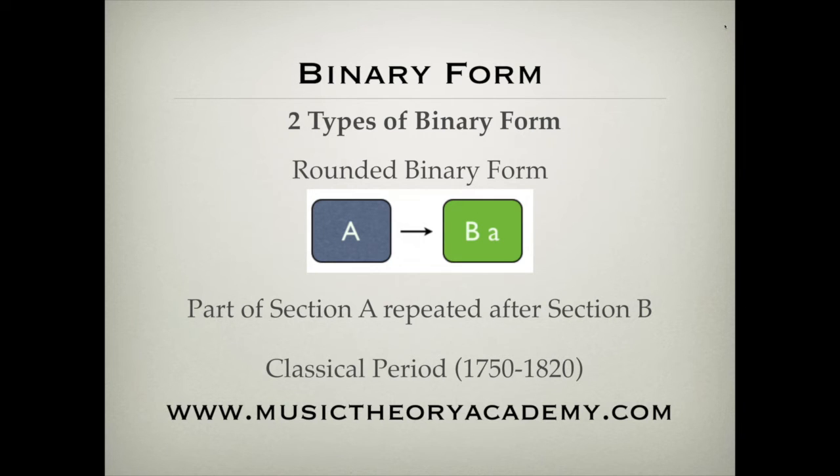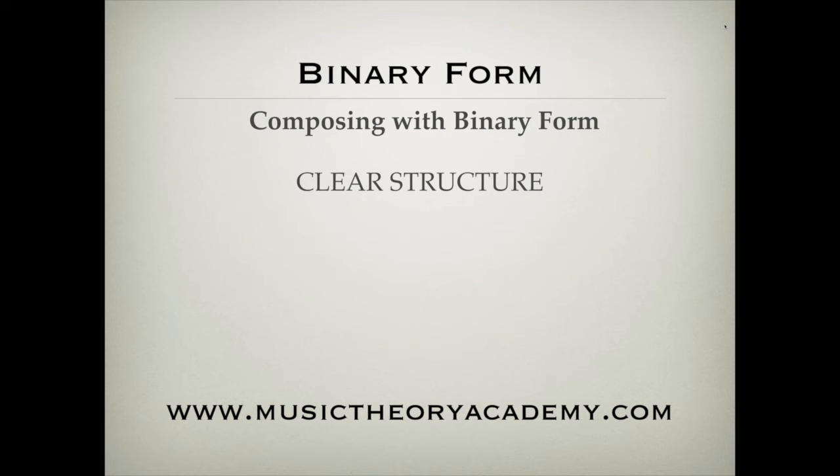Okay, and you can see how really it's a development of binary form, and it's almost ternary form because it's almost ABA, but not quite. So two types of binary form: simple binary form and rounded binary form.